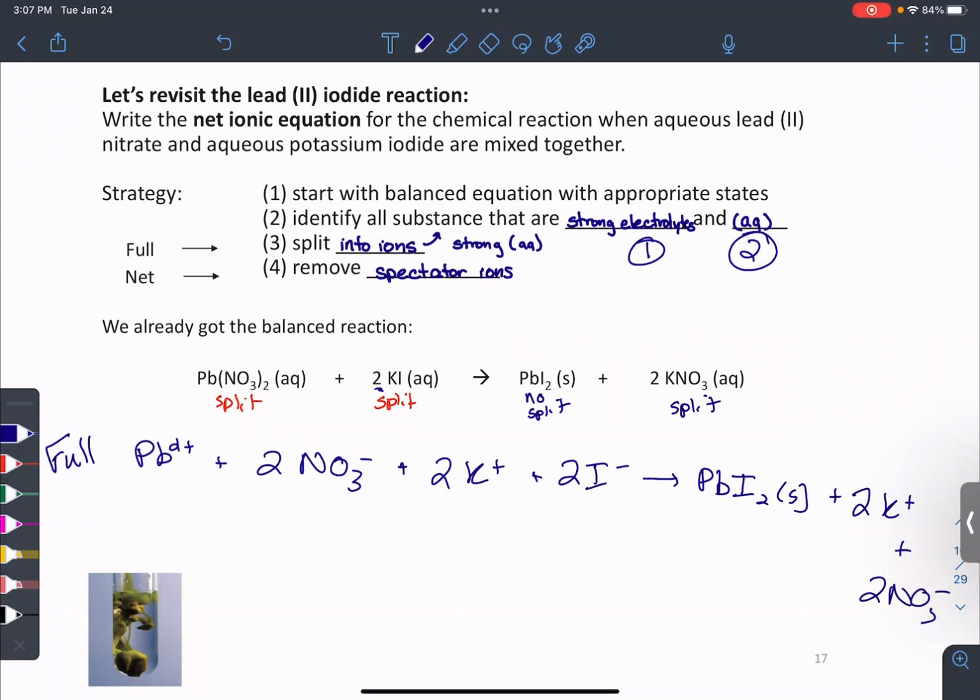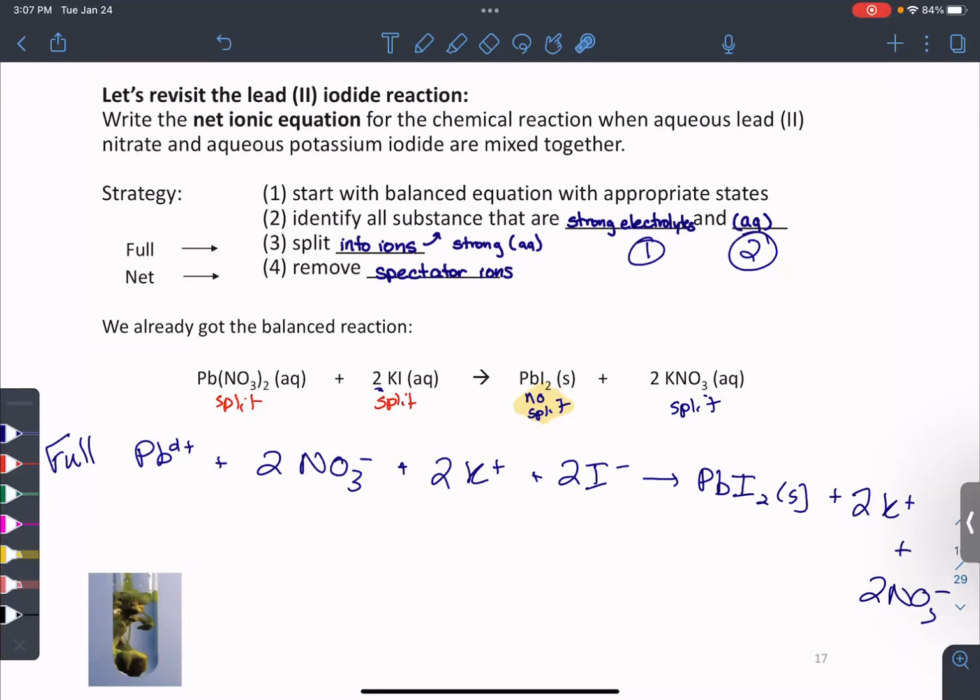Okay, there we go. So this is a small detail. You might notice, oh, they're all ionic. They're all strong electrolytes, right? But the detail here is that lead iodide is a solid that does not exist in solution as free ions. It's a solid at the bottom of the beaker, so we do not split it.